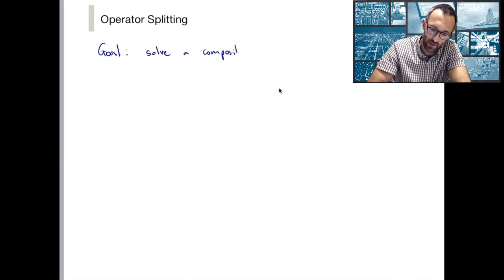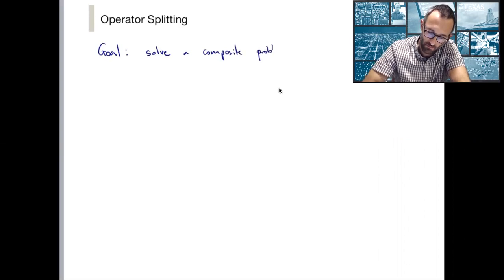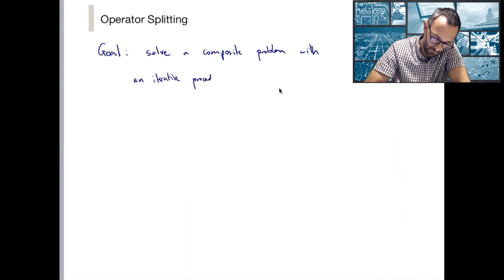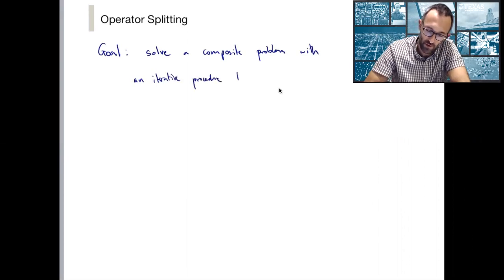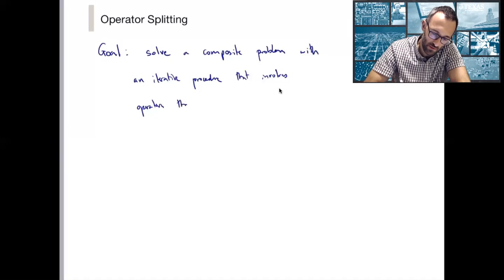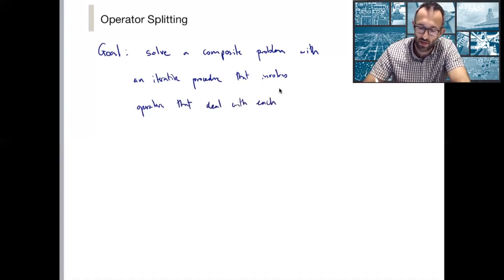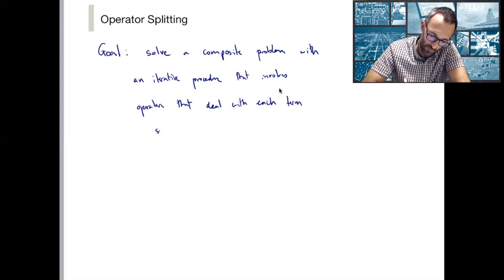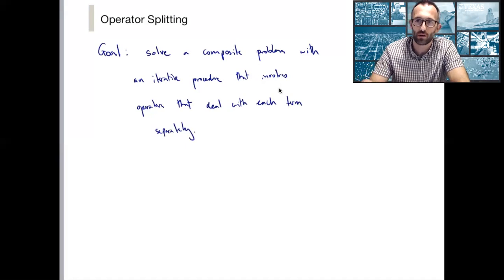So we want to solve a composite problem with an iterative procedure that involves operators that deal with each term in the composite objective separately. Or they're split. It's like a divide and conquer approach.